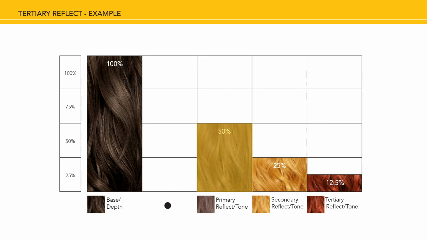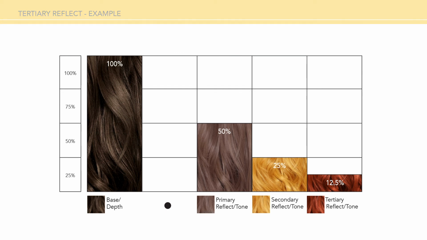So our primary tone, our first reflect, is our natural shade, 0.0, and it's represented with 50% of this colour makeup. Our secondary tone is 25% of a golden shade, and our tertiary tone of 12.5% is a red shade. So here we have our dark, natural, golden, red, blonde.